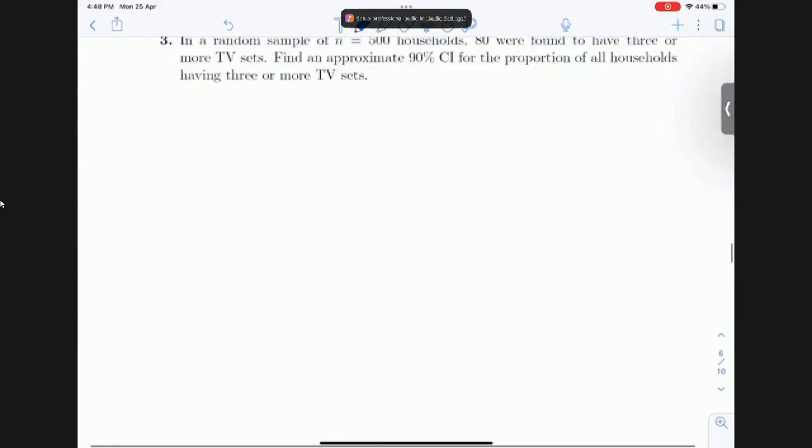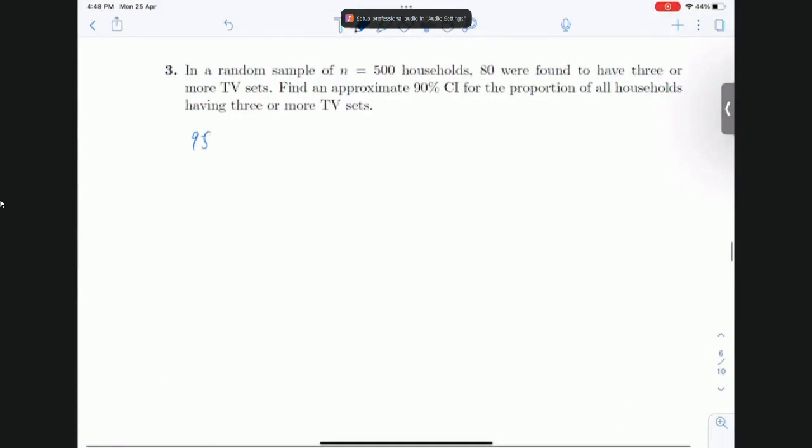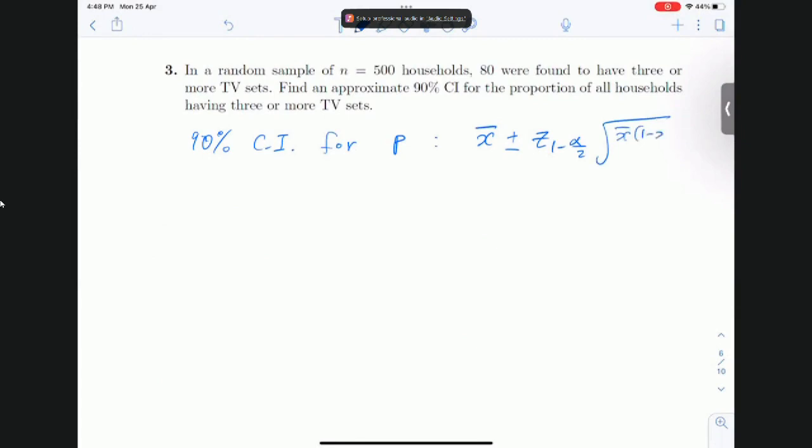So a 90% confidence interval for P is obtained as the sample proportion plus minus the normal quantile multiplied to the standard error of the proportion.